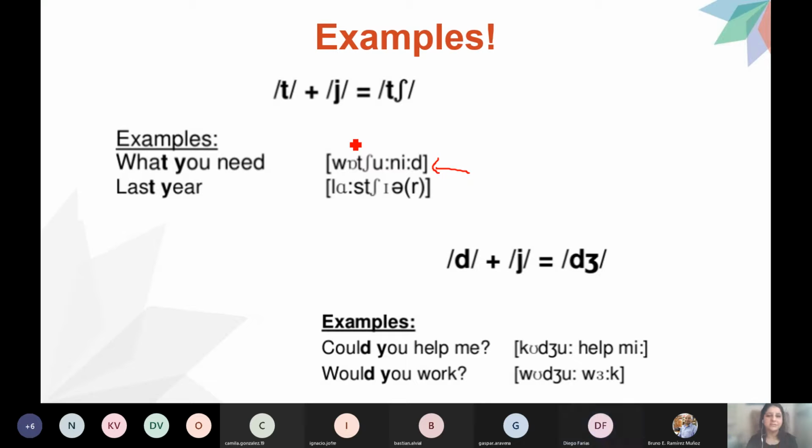Last year. What you need, what you need. Last year. Okay.